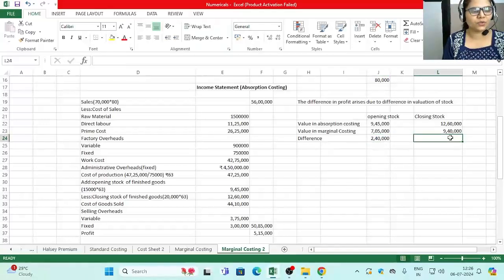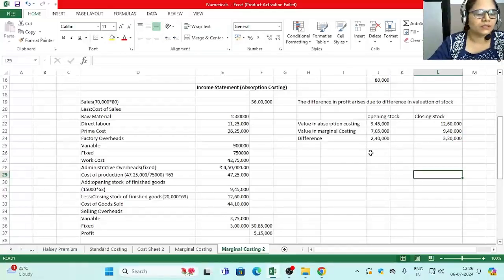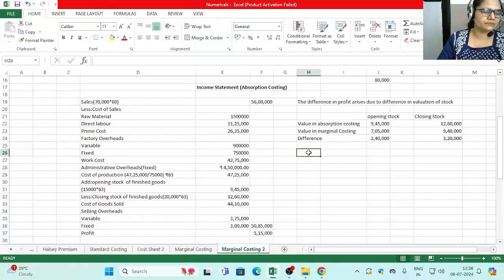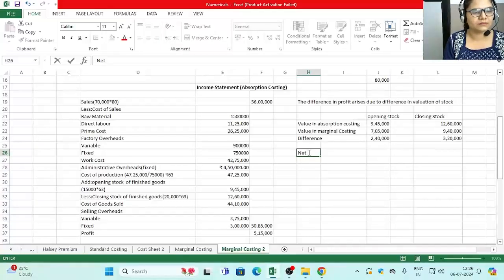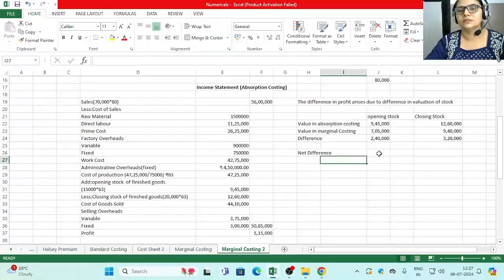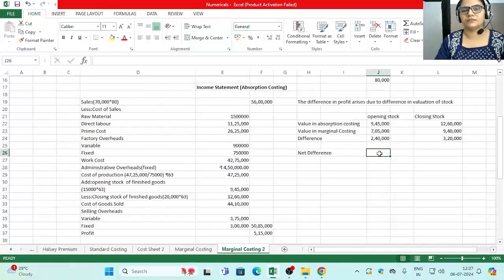And in case of closing stock, the difference is 3,20,000. Now the net difference is 80,000.